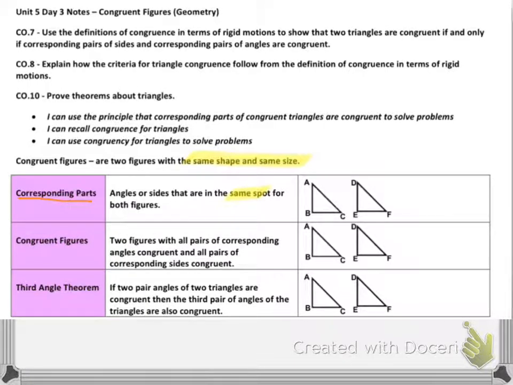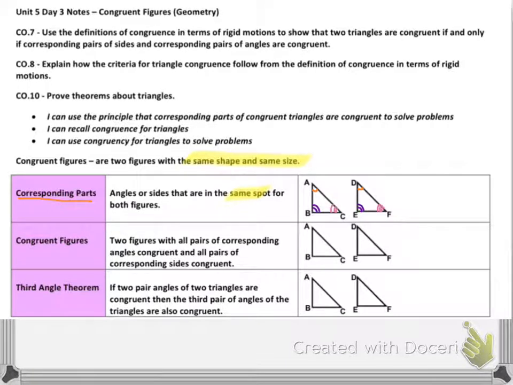So, over here, A is going to be corresponding to D. And with congruent figures, all of their corresponding parts are going to be congruent. So, B and E, those two angles are corresponding, and C and F, those two angles are corresponding.